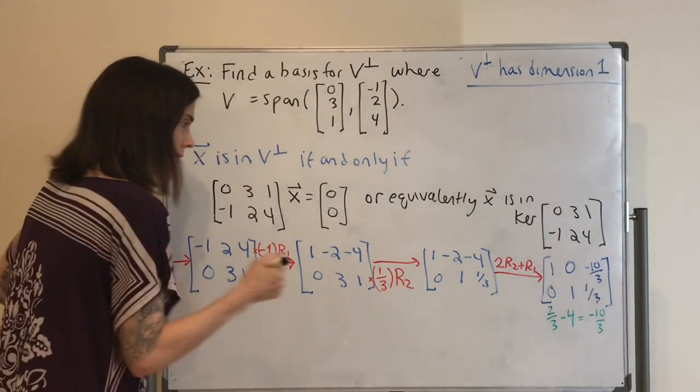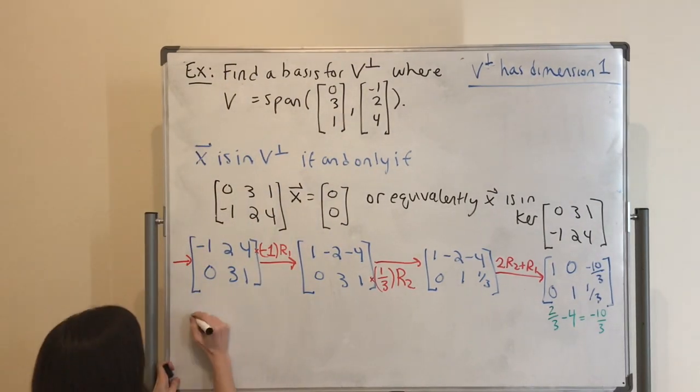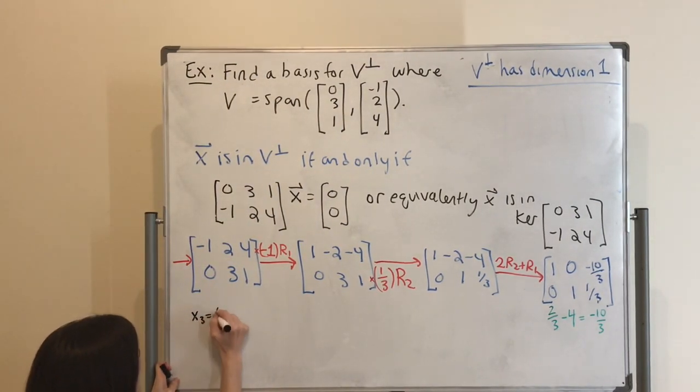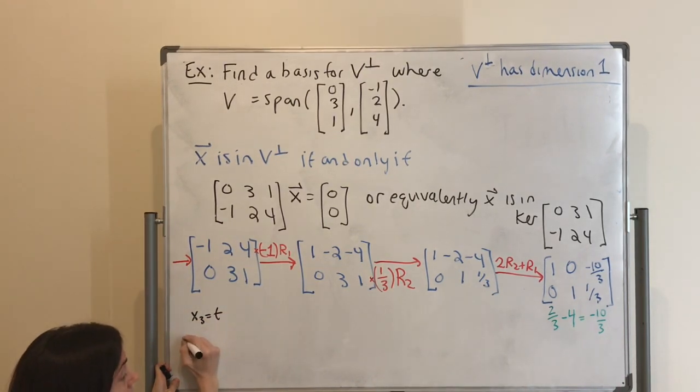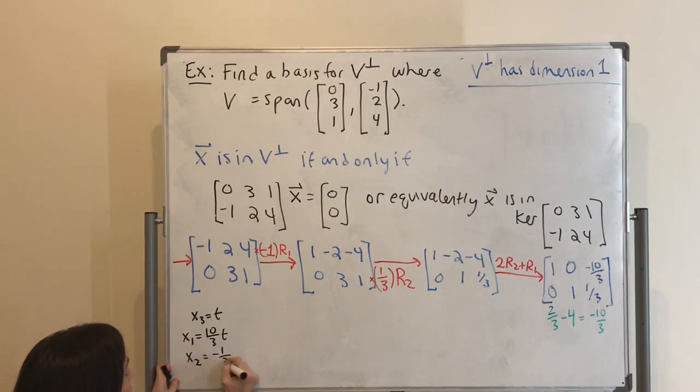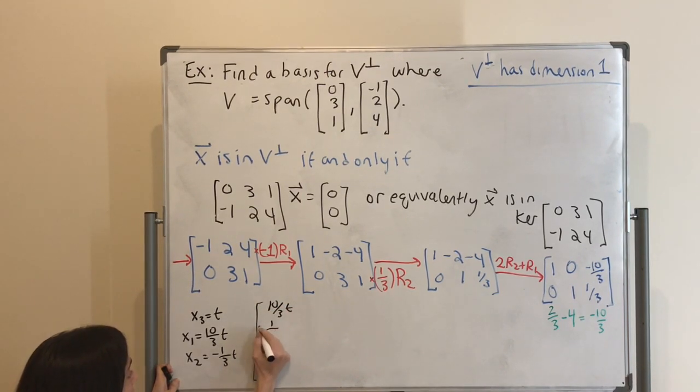So if I set x3 to be t, then I get x1 is 10/3 t, and x2 is minus a third t. So an element in the kernel of this matrix is 10/3 t, minus a third t, and t.